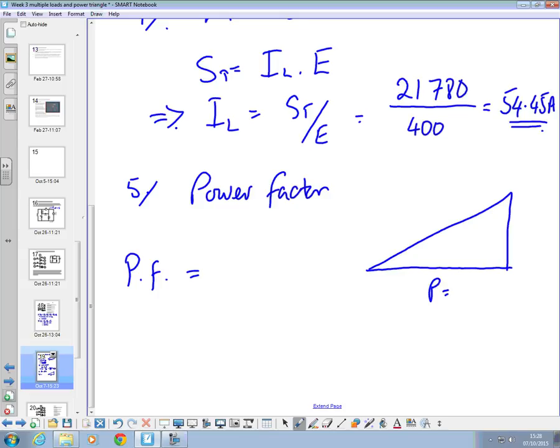P, which is 21.5 kilowatts. So this triangle is helpful again, isn't it? Q was 3.5 kVAR. S, 21.78 kVA. Yeah. Where's the power factor come from here?